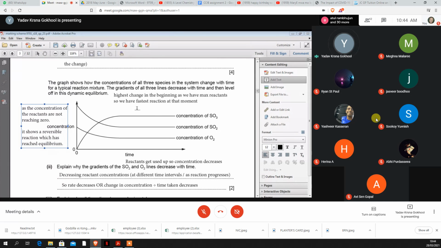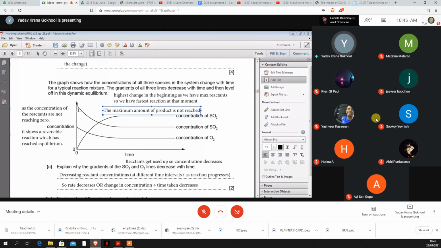So for the products, let's write down maximum product, maximum.